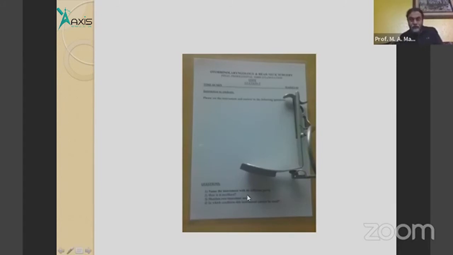Mention two important uses of this instrument, or we can say mention some uses of this instrument, two or three or four, it doesn't matter. So we use it in the classical tonsillectomy operation to open the mouth. Number 2, adenoidectomy operation.